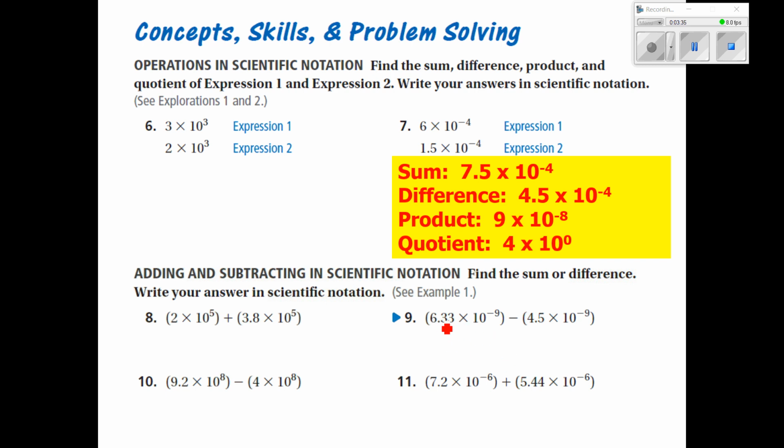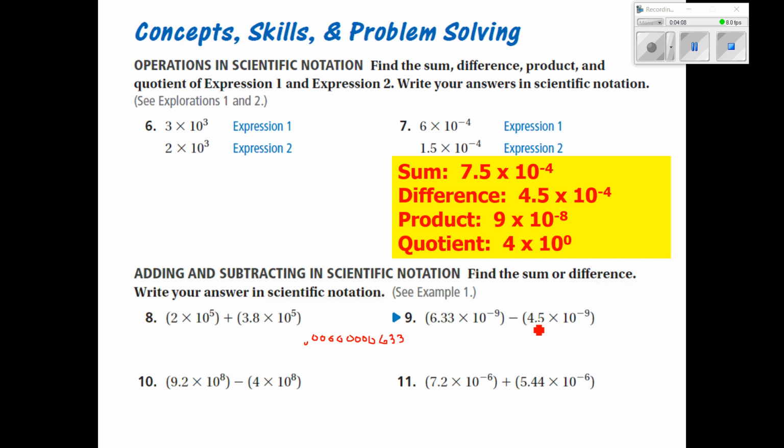So this is going to be going back 9 places. My decimal would be here, and that's going to give me 8 zeros. So let's see, this one's going to be 1, 2, 3, 4, 5, 6, 7, 8, and then 6, 3, 3.